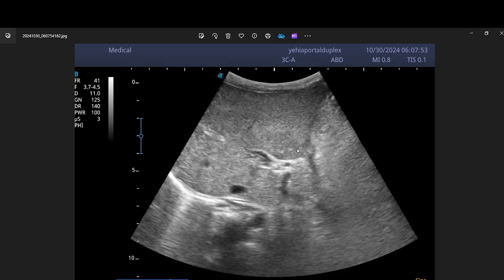So what happened in this case? This was a 6-month-old baby. Despite having no definite history from the parents, we had the history that the patient was admitted to the NICU just after birth.